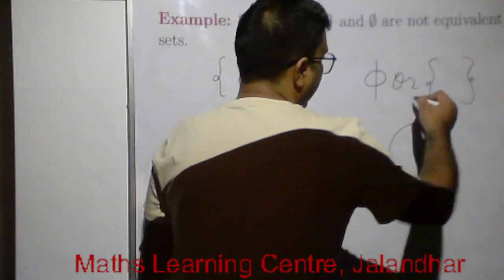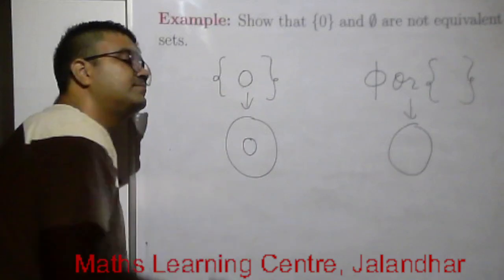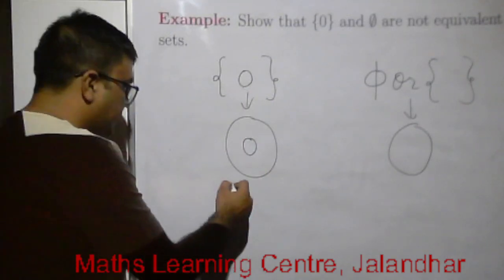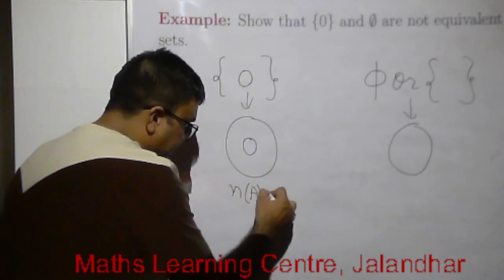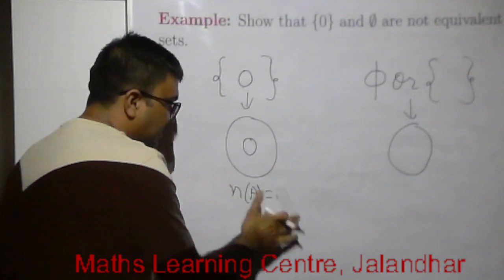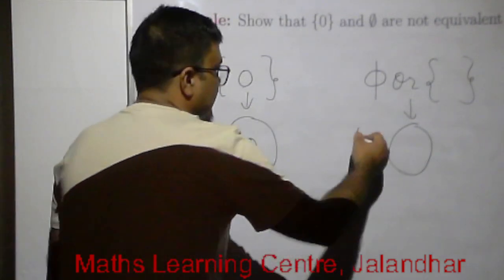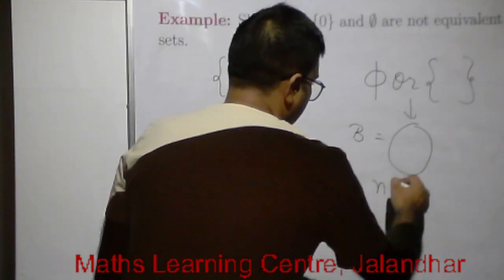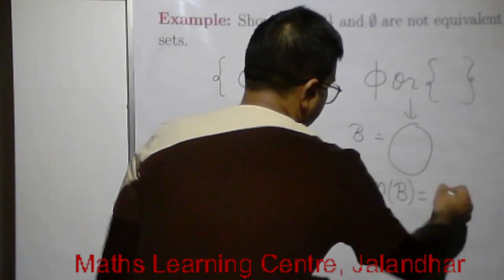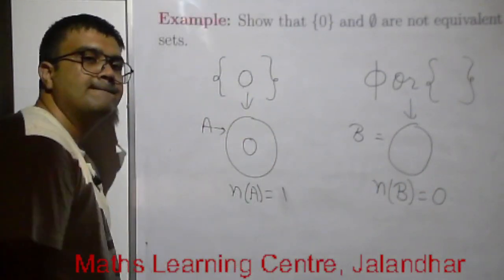There is no element in this set. The number of elements in this set is 1. If I am writing this is the set A, this is the set B, the number of elements in the set B is 0.